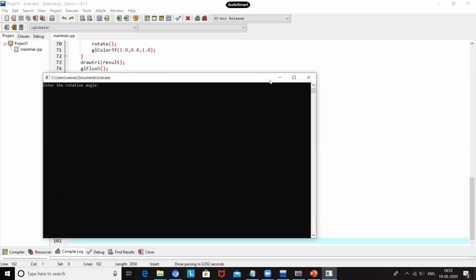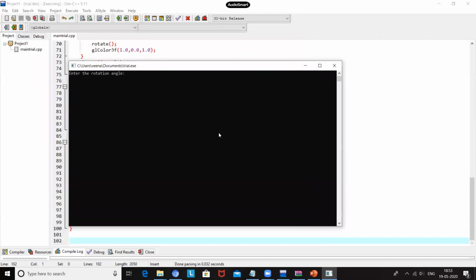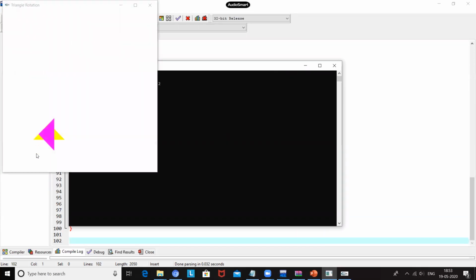Now let's run this program again with the centroid. It's asking the user to enter the rotation angle. Let's give it as 90 degrees, and the choice is the origin. Now the yellow triangle is being displayed, and this maroon colored triangle is also displayed.